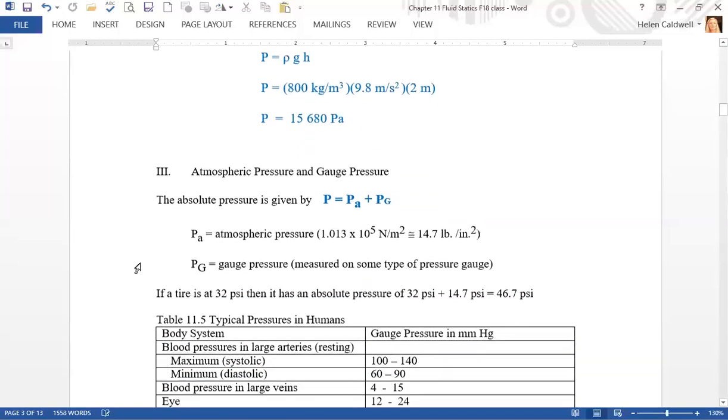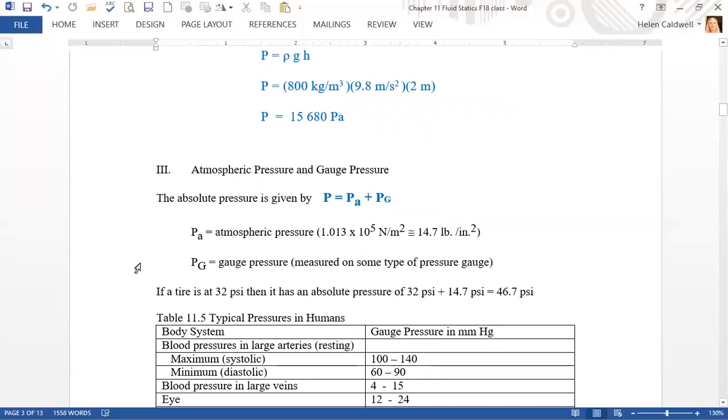If we move on, we can talk about atmospheric pressure and gauge pressure. The absolute pressure is atmospheric pressure plus the gauge pressure. When you are measuring pressure with any kind of gauge meter in normal everyday life, it discounts the atmospheric pressure. So if you wanted an absolute value of the pressure pushing on something, it would be a combination of those two values.